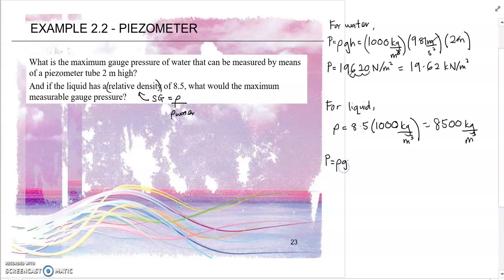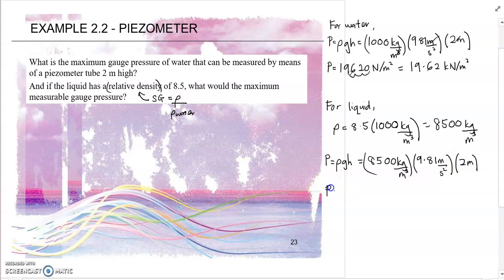Now that you know your density, you can calculate the pressure with the same formula. Because we want to know the maximum measurable gauge pressure, it must be to the center of your vessel, maximum h2. So 8500 times 9.81, and the height is the same, 2 meter.